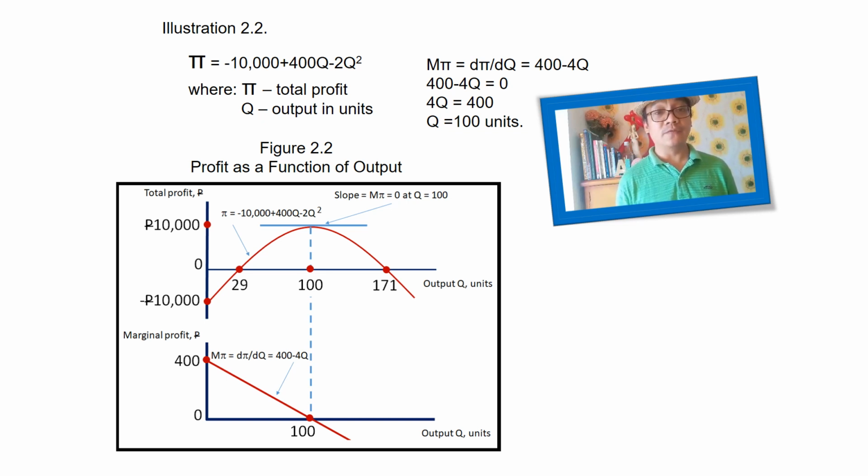Solving it, we calculate that Q is equal to 100 units. Therefore, when Q is equal to 100, marginal profit is 0 and total profit is at a maximum. Beyond Q equals 100, marginal profit is negative and total profit is decreasing.